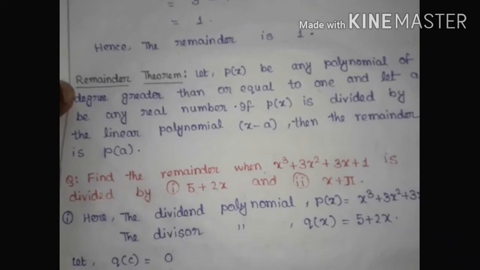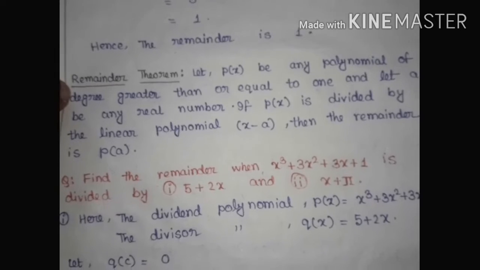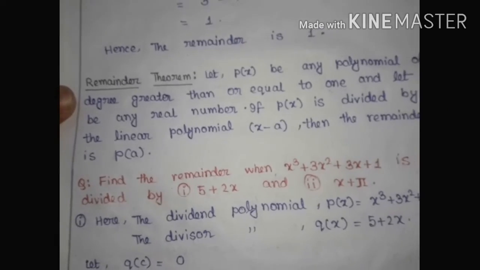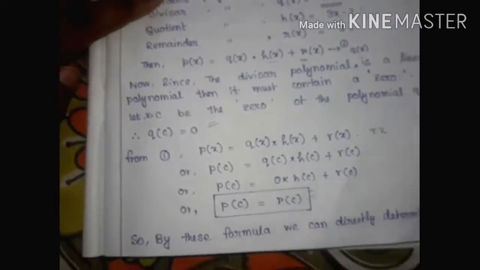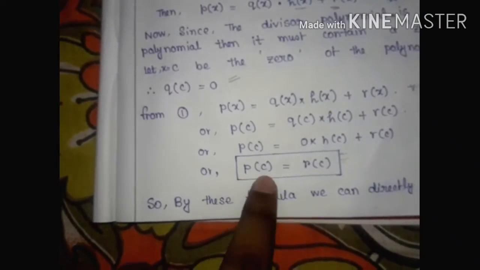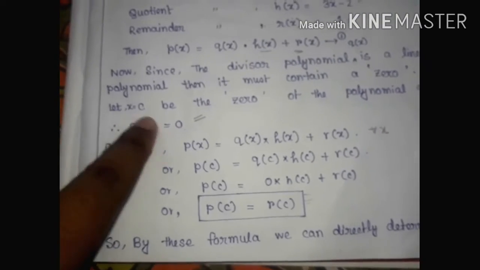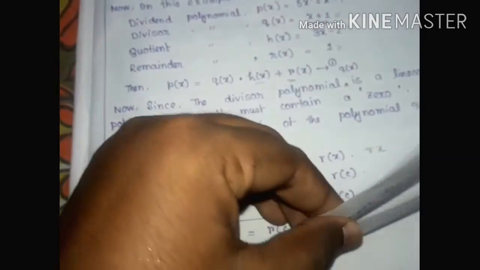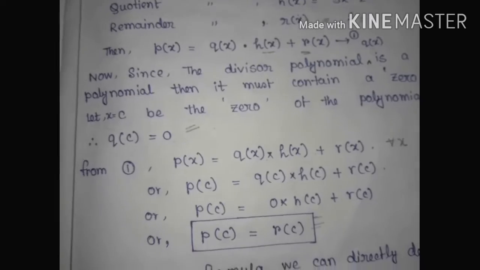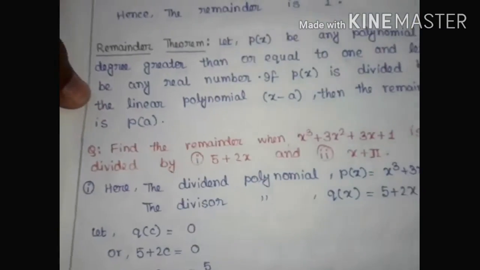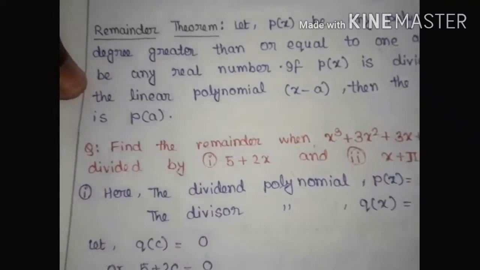If Px is divided by x minus a, that means x minus a is the divisor polynomial and Px is the dividend polynomial, then the remainder is Pa. As we found in this example, the remainder becomes Pc, since c is the 0 of the divisor polynomial. If x minus a is the divisor polynomial, then the 0 of the divisor polynomial is a.